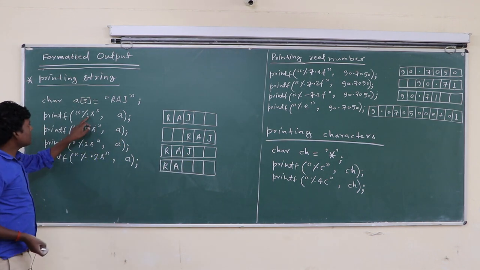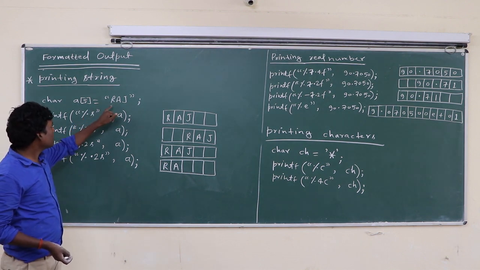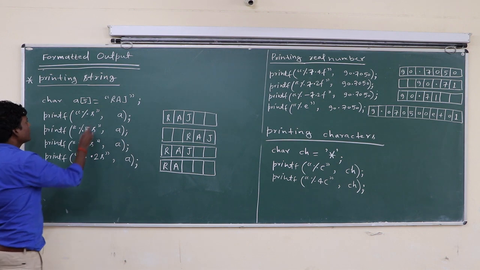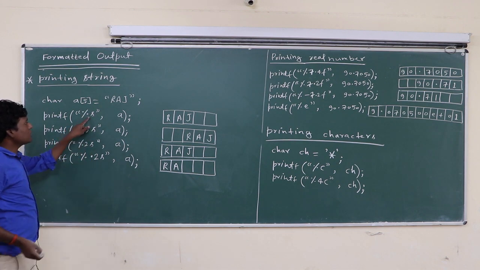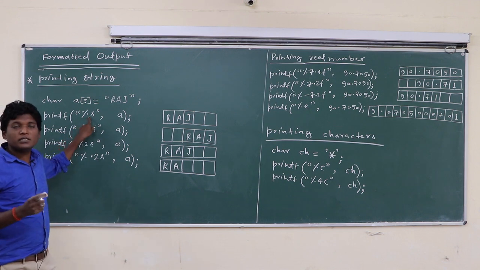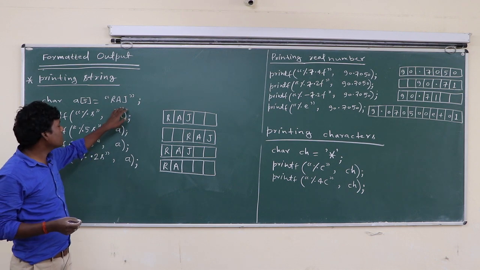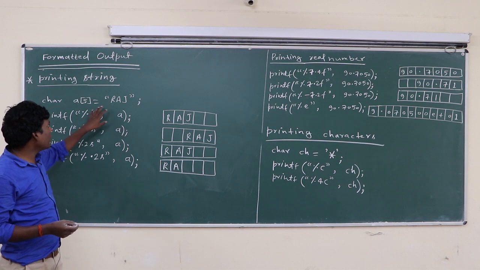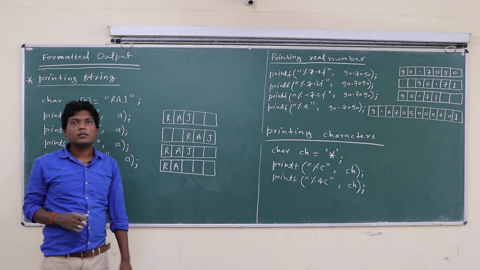Okay, but class, here is a 1, and 1 is a field width. When the field width is less than the number of characters or number of digits, in that case that number or those digits are printed normally.